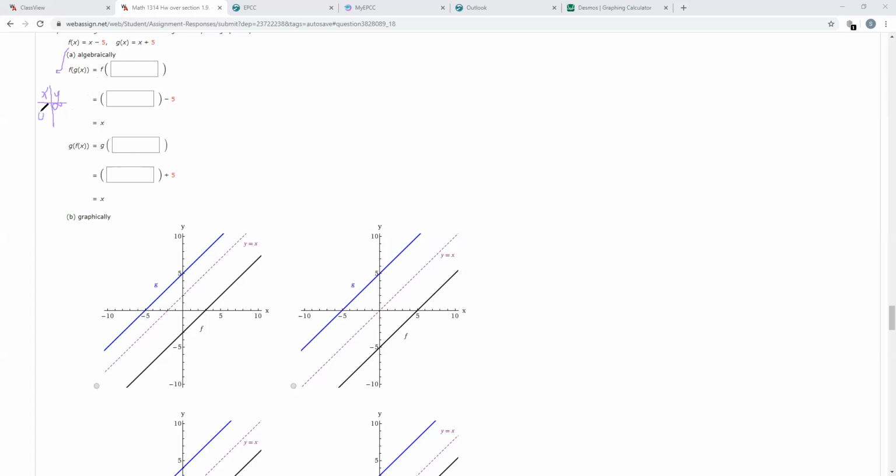How about 0? 0 minus 5 is negative 5. And then let's just pick another. How about whatever? 3. We could pick 5, but that's a negative 5. 3 minus 5 is negative 2.